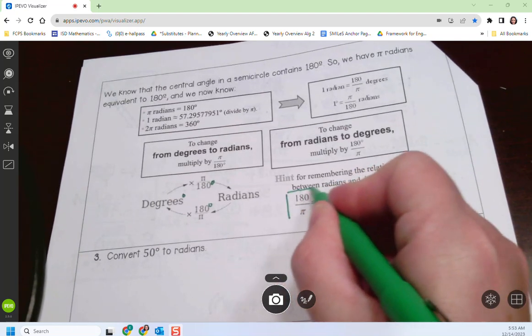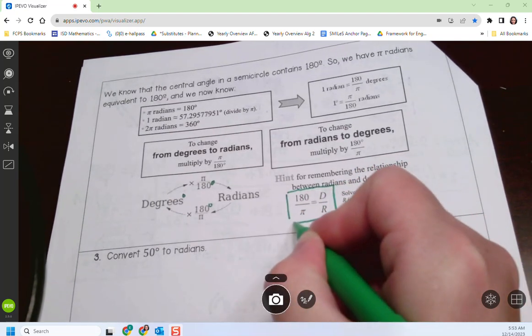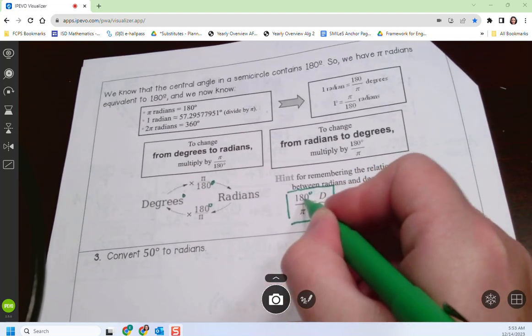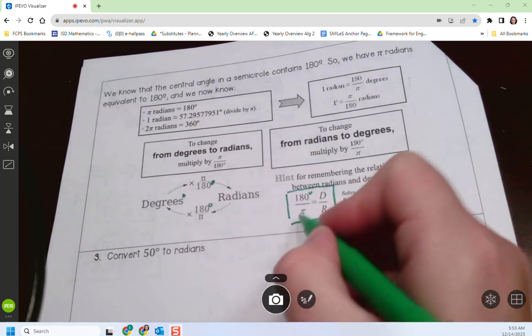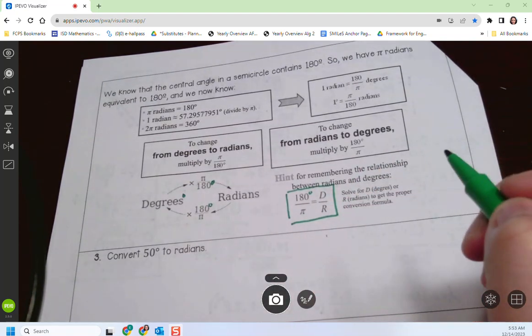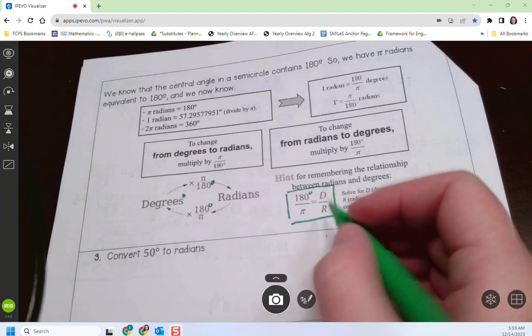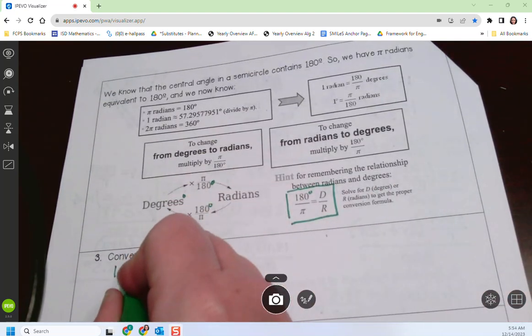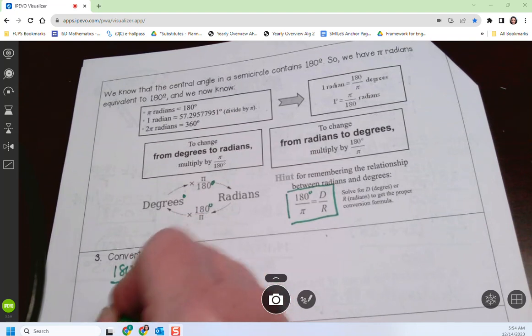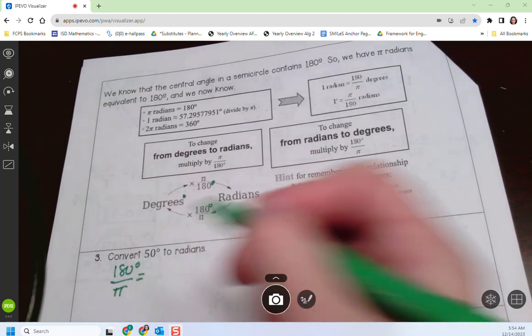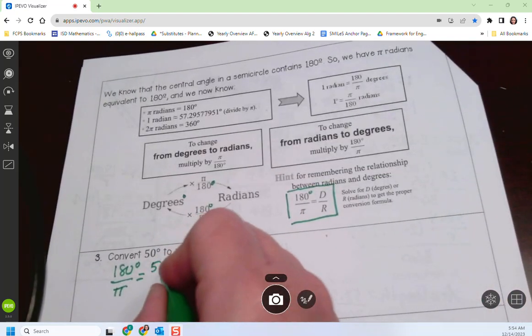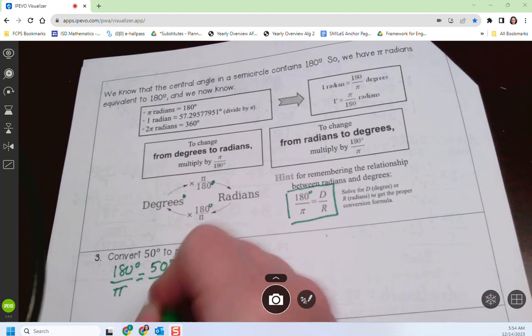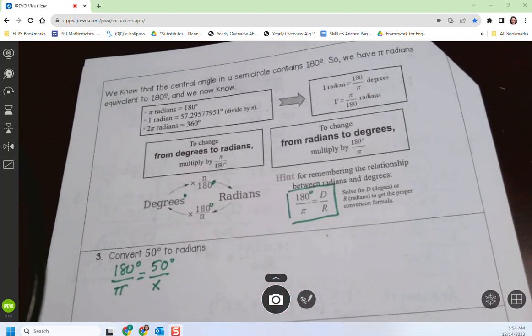So that's one thing you can do. Another thing that works really well, and this is what I'll use more often, is just set up equivalent ratios. So you know you have your degrees on the top, so you put your degrees on the top. You have your radians on the bottom, so you put your radians on the bottom. And that's what I'm going to use to solve these here. So I have 180 degrees over pi radians is equal to 50 degrees over x radians.